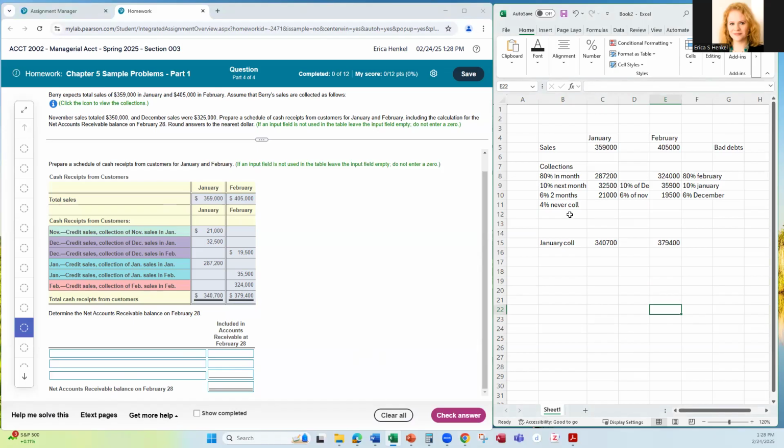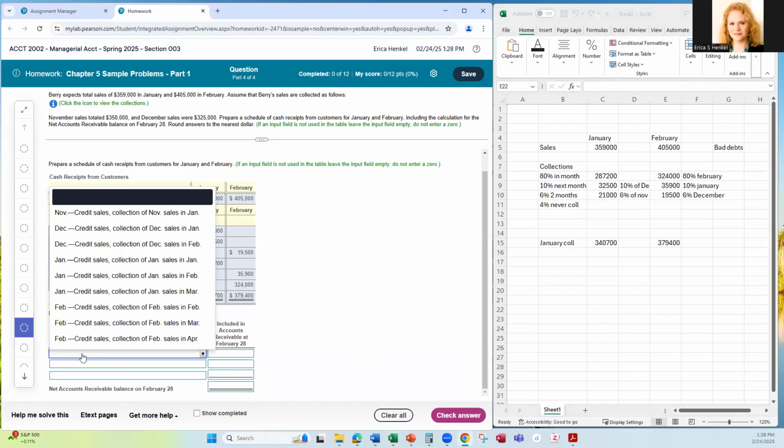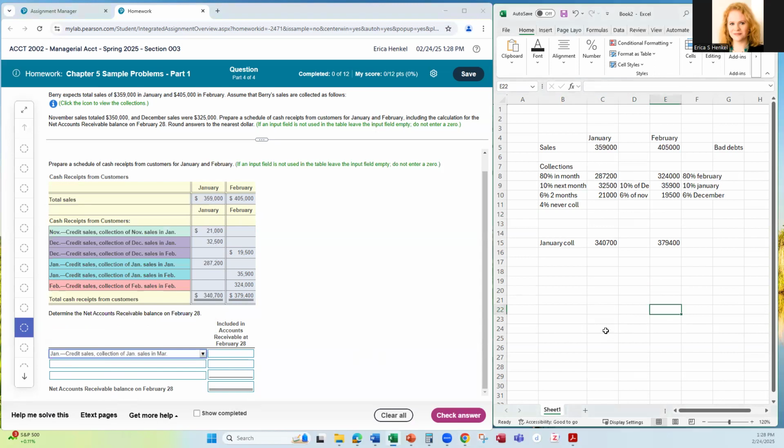So January, part of it was collected during January, part of it was collected during February. So we're going to have the remaining part that will get collected in March that will be left. And that portion is going to be 6% of January.